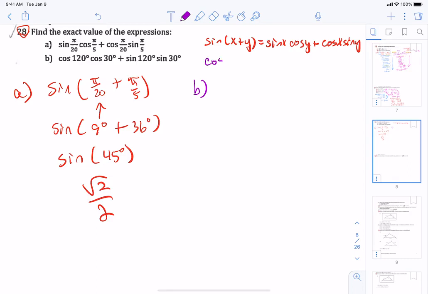So the cosine of x minus y is the cosine of x, cosine of y, plus the sine of x, sine of y. So it kind of tricks you a little bit. The sign in the formula is the opposite of what you start with.